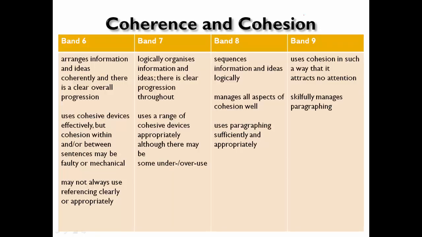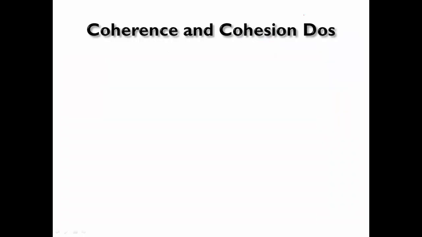So here is the marking criteria for coherence and cohesion. If you want, you can pause the video and have a look at what the official IELTS criteria says. It's probably a better thing just to listen to my do's and don'ts, and then you can come back and look at it. So coherence and cohesion. What does coherence mean?